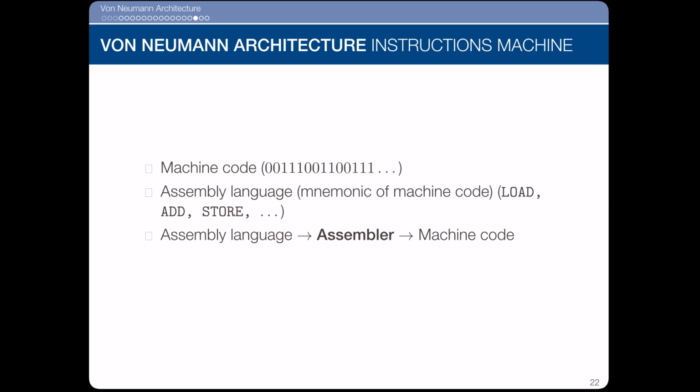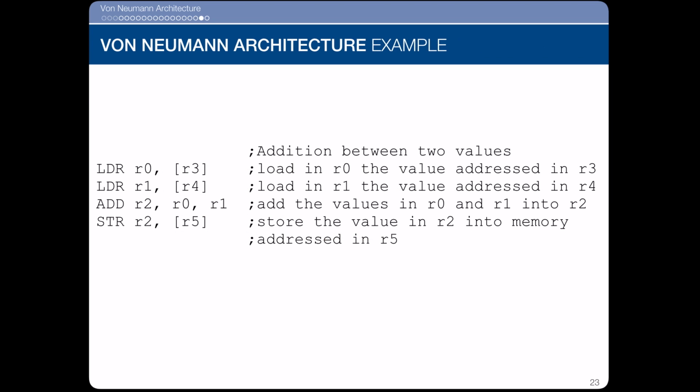So here is an example of assembler. We want to do the addition of two values. First we need to load the two values we want to add. So we have the LDR, the load operation.